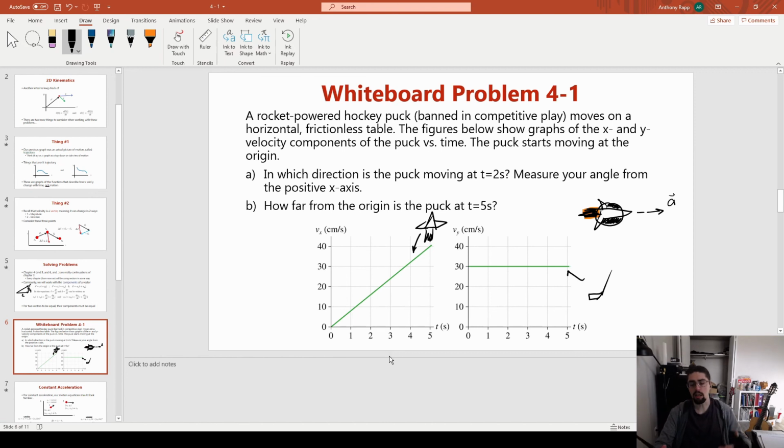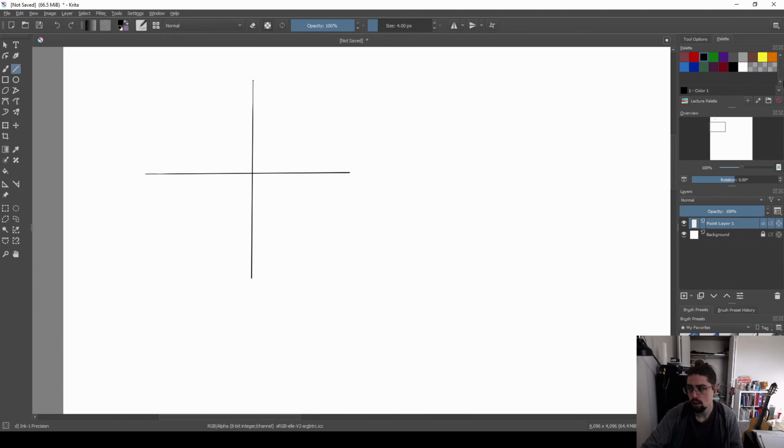So I could reasonably try to extrapolate what's going to happen in this picture, and I could say, okay, well, if the green is where the puck is moving, we start moving exclusively in the y direction. But then, as time goes on, we get a little bit more x and a little bit more x over time, and we get something like that. And that's not a good picture.